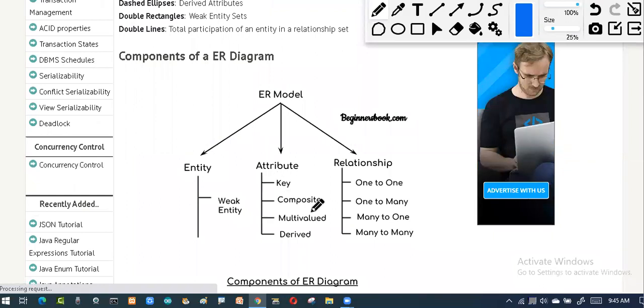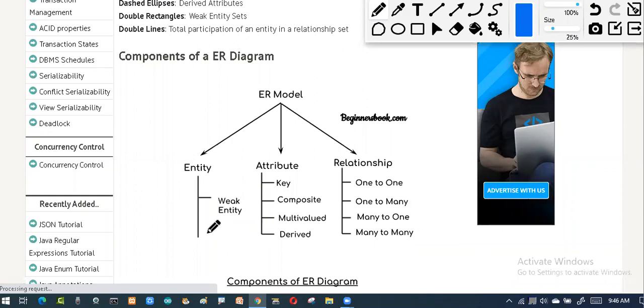More than one sub attribute we call a composite attribute. An attribute that has multiple values we call a multi-valued attribute. An attribute that has been derived from another attribute is called a derived attribute. Then one entity depends on another entity in the form of one to one, one to many, many to one, and many to many.